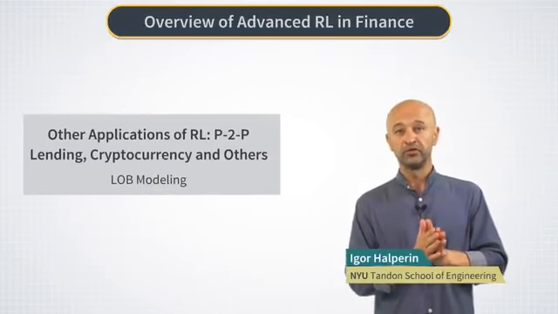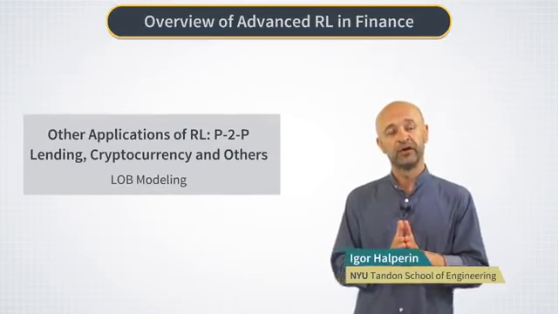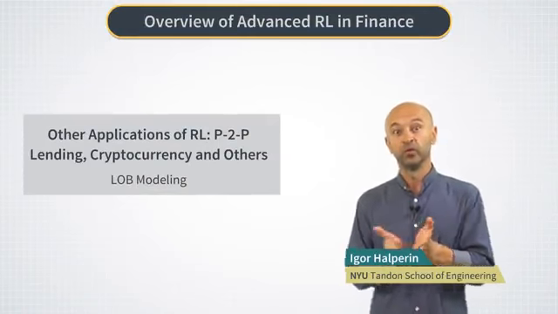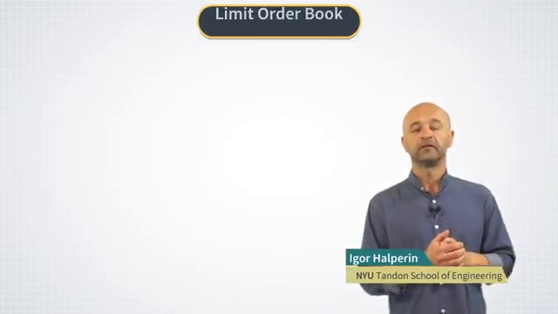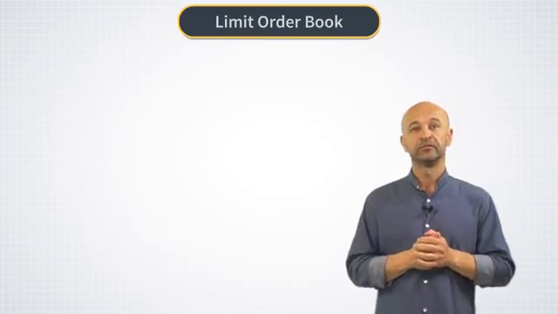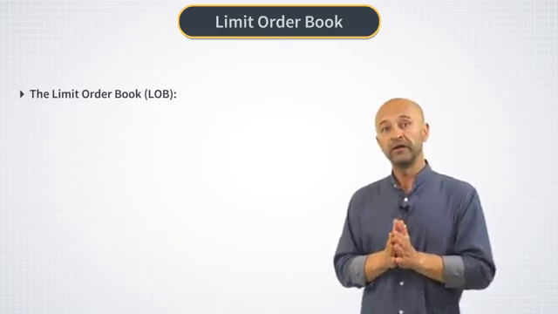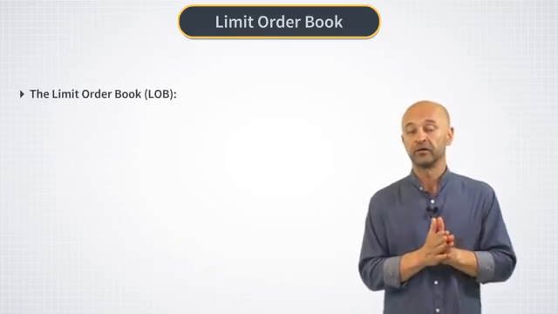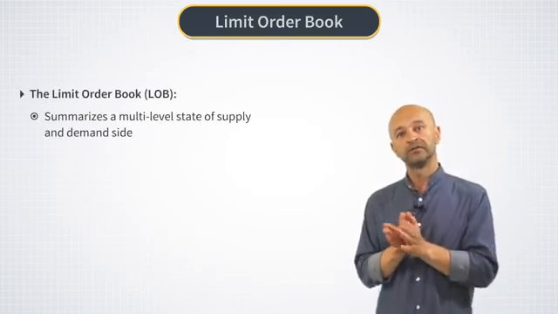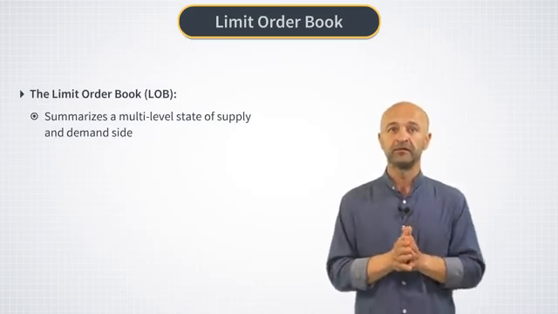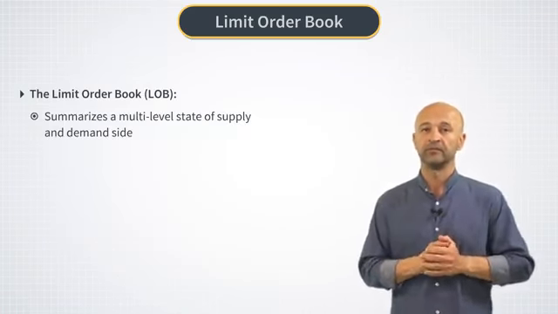Now, after we talked about what the LOB is, let's talk about how we can model it. And as a short summary of what we discussed so far, an LOB aggregates both sides of the market. It gives a multi-level summary of the state of supply-demand sides of the market.